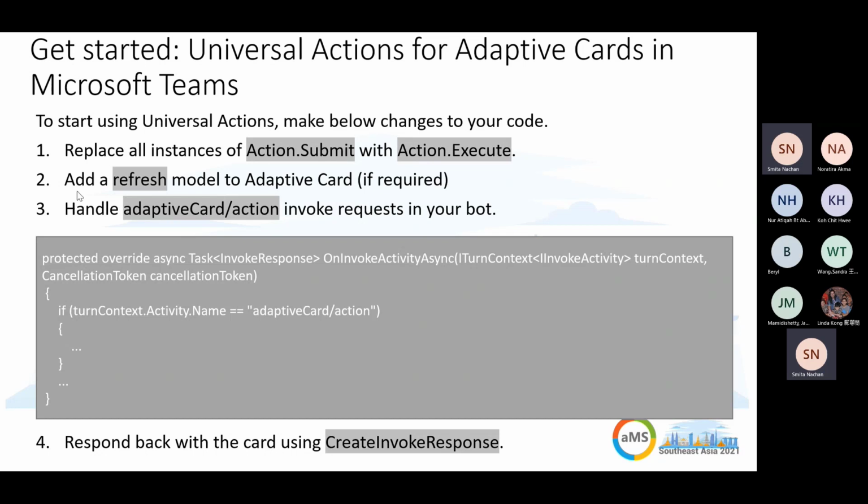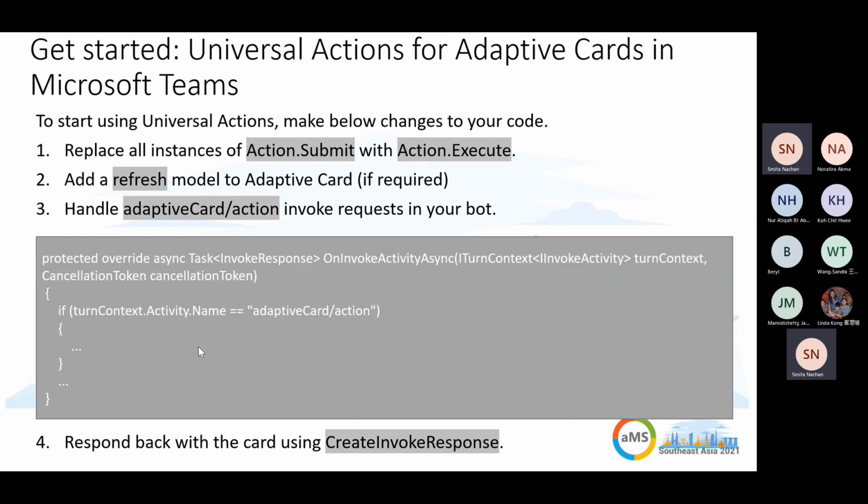And then as we discussed, we should add the refresh model to the adaptive card if required, because if you want to refresh the user specific views, then only consider adding the refresh model. Otherwise, unnecessarily adding the refresh model could add potential issues with the card performance. And then once you add the refresh model, we should handle this adaptive card / action invoke request in your bot.